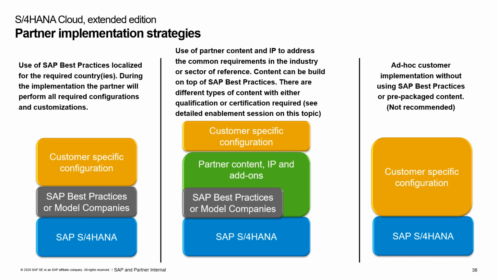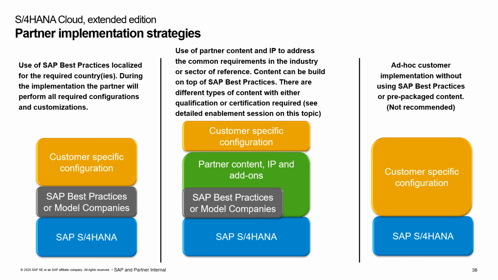Then we have on the right-hand side an ad hoc customer implementation without using any SAP best practice or prepackaged content, i.e. model companies. This is not recommended for GB customers because your implementation process will be longer and more costly for your customer. So you're not optimizing what is available.